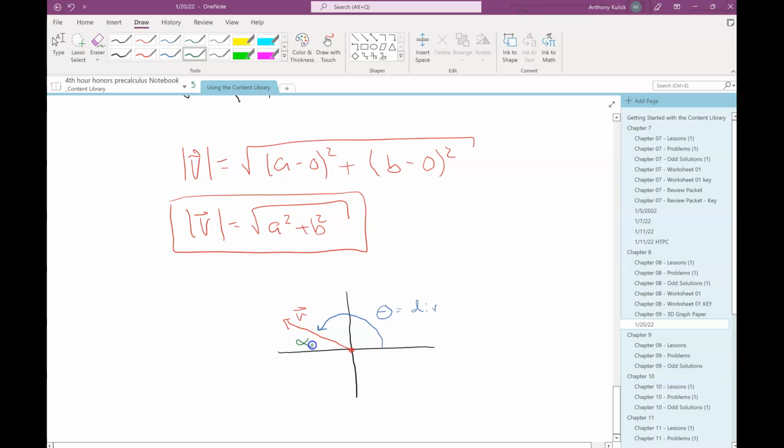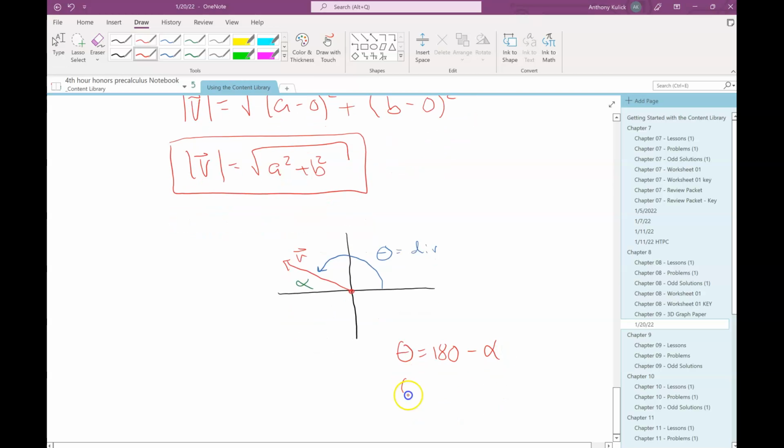So we're going to name that angle that's made by our vector and the x-axis alpha. In this case, then I can say theta is going to equal 180 minus alpha. And just like we had in first semester, alpha is the absolute value of y over x. In this case, that would be b over a.